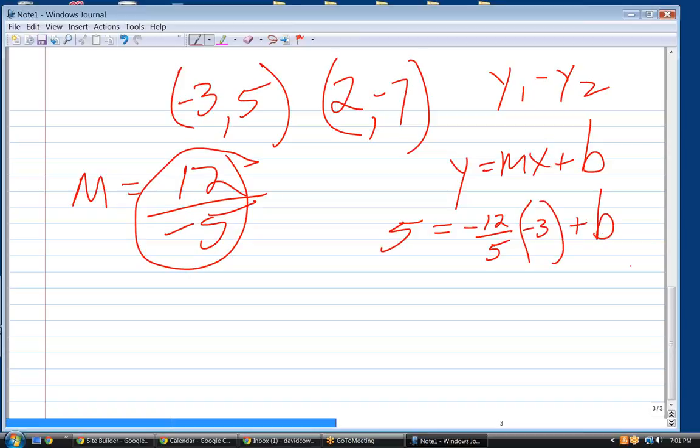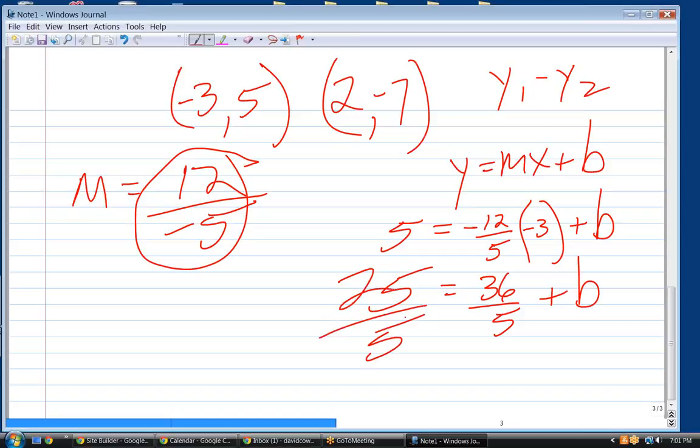Then you have to figure out b. When I multiply those two together, I get positive 36 fifths, and then 5, which is 25 fifths. So if I subtract 36 fifths from both sides, I get minus 11 fifths equals b.